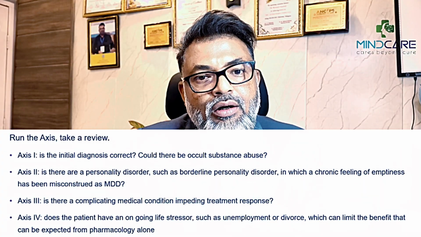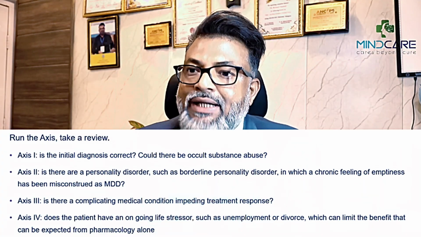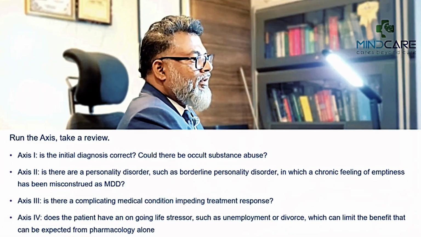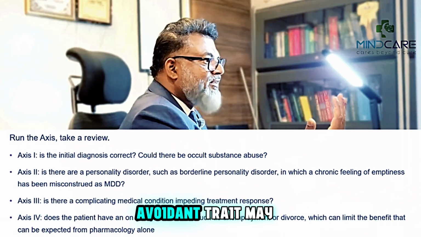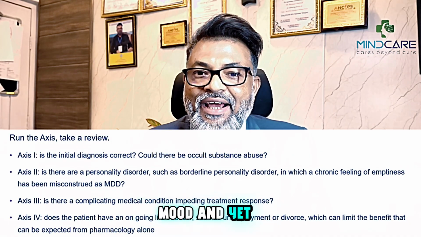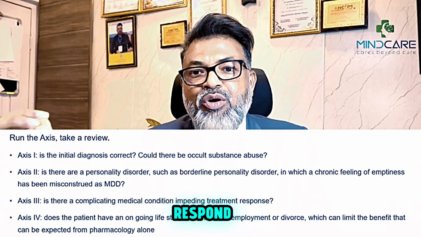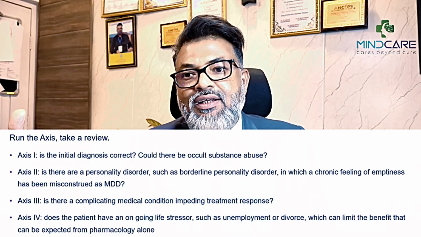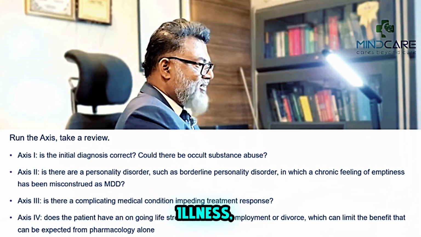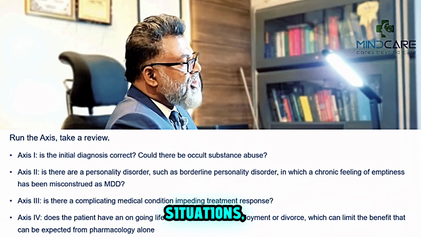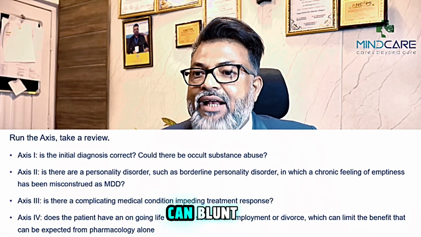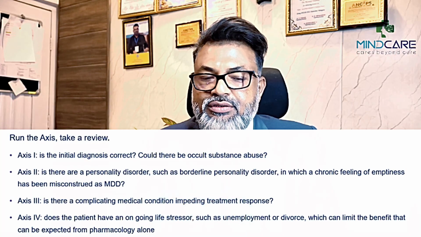We should also look at axis 2, the personality disorders. Sometimes borderline personality disorder or avoidant traits may mimic chronic emptiness or low mood and yet respond differently to medications. On axis 3, comorbid medical illness like various endocrine conditions, neurological disorders or chronic pain syndromes can blunt treatment response.